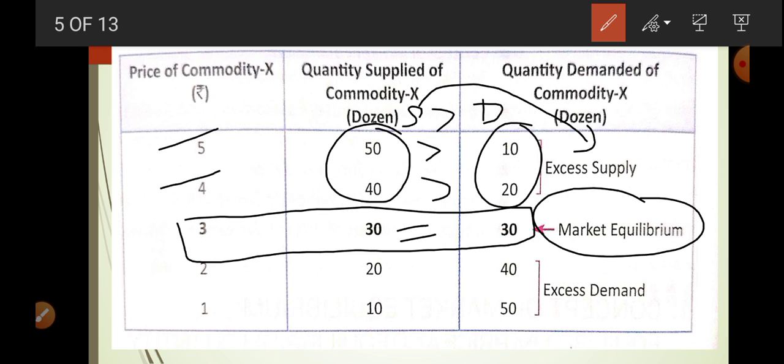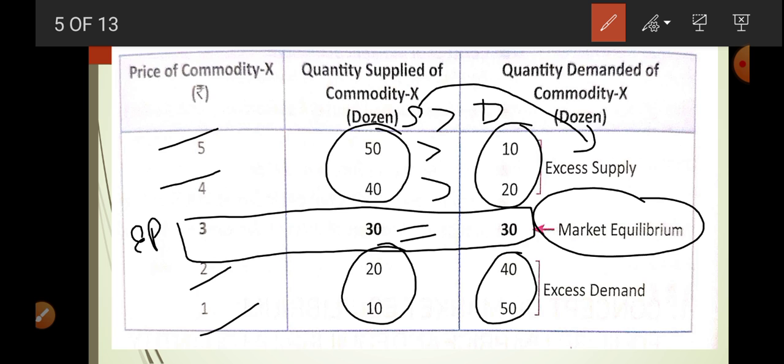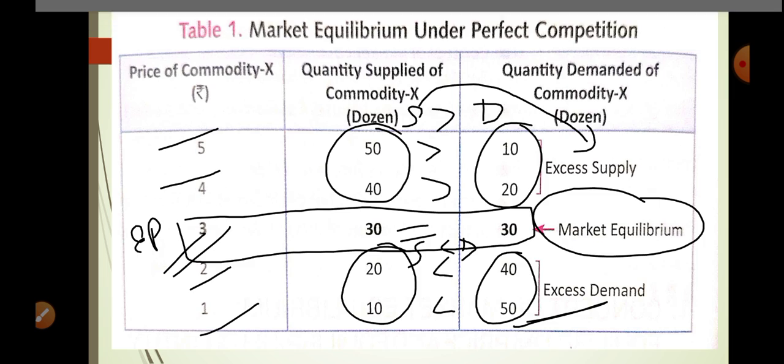If you go to any price level below this equilibrium price, like 2 or 1, now supply is less and demand is more, that is, supply is less than demand, so there exists excess demand. Only at the price of 3 rupees, 30 units are supplied and 30 are demanded. So this is the equilibrium.